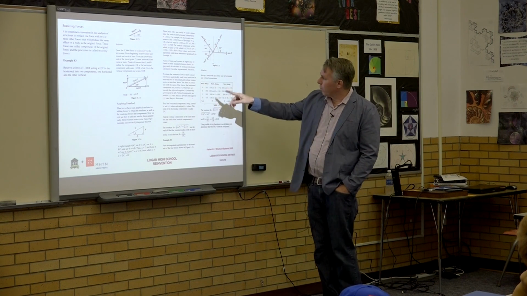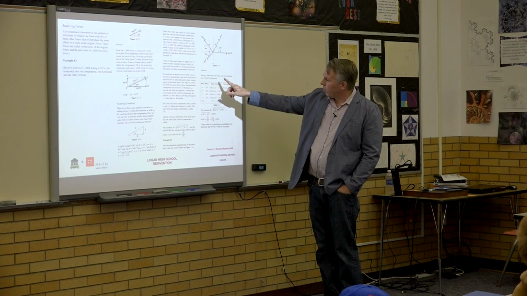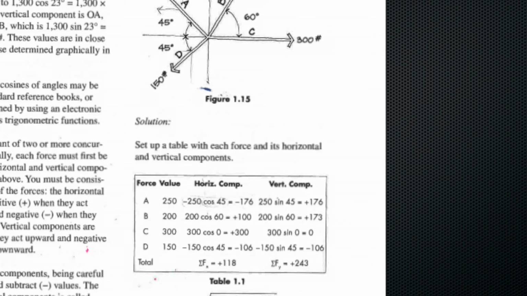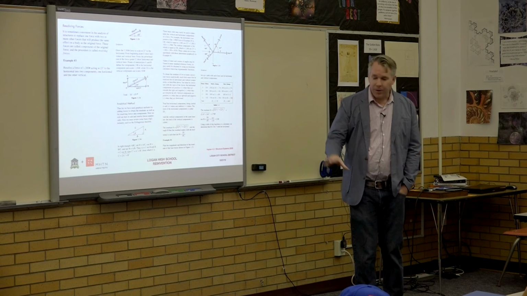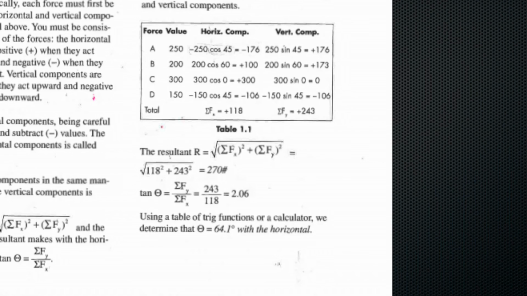And so what you do is you figure out all your x and y forces for each of those forces. You get your forces in the x, your forces in the y, and then you add those up, the sum of those forces, and then you use the tangent of the sum of the forces.